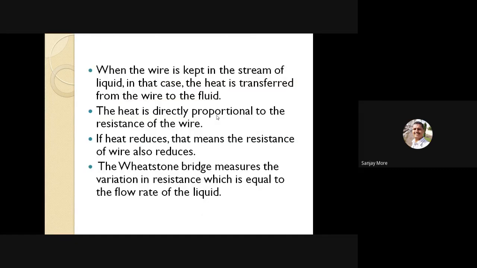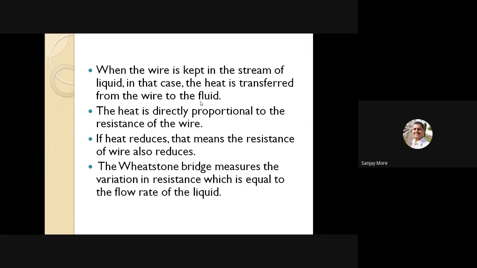Okay, see, when the wire is kept in the stream of fluid, heat is transferred from the wire to the fluid. The heat loss is directly related to the resistance of the wire.